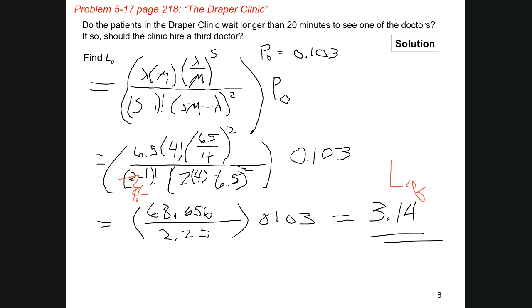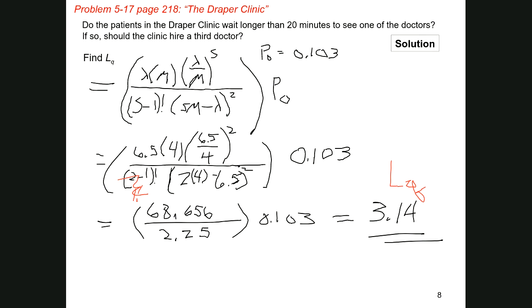Actually, that's not quite right, so disregard that. Because there's a time when there's none in the system, the average is actually less than that. But on average, there would be 3.14 in the waiting room. Sorry for that.